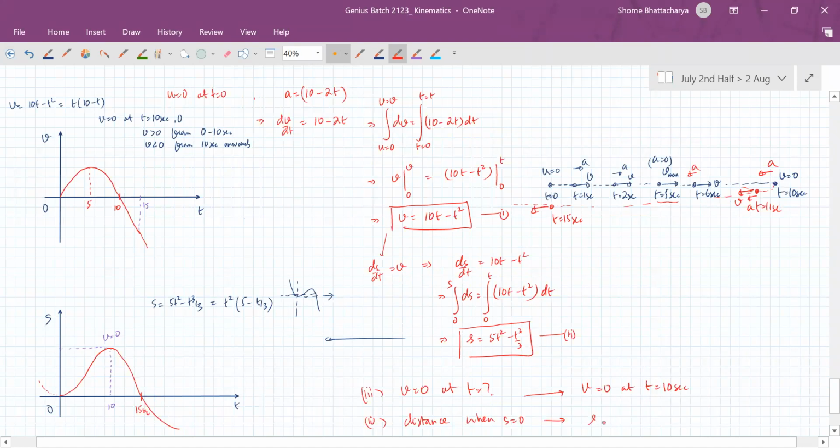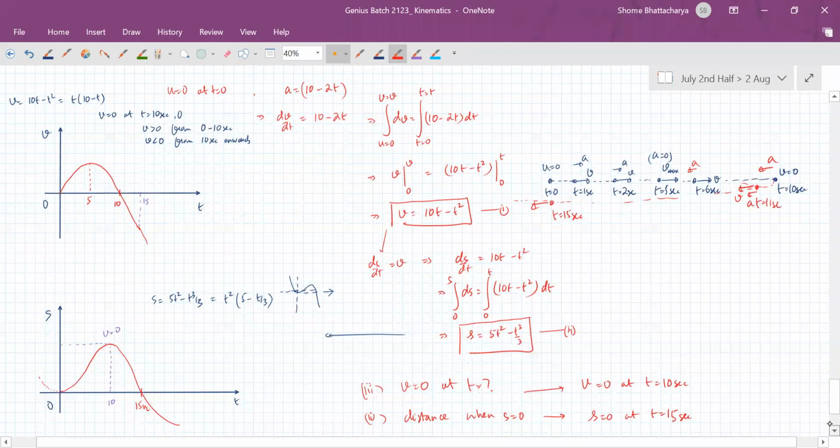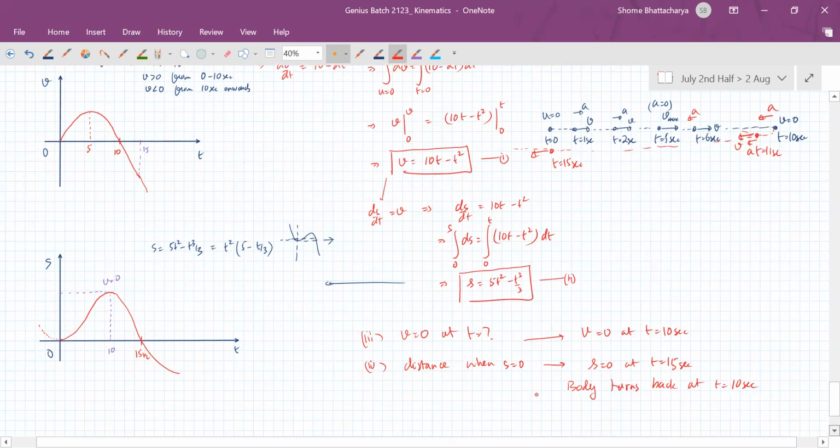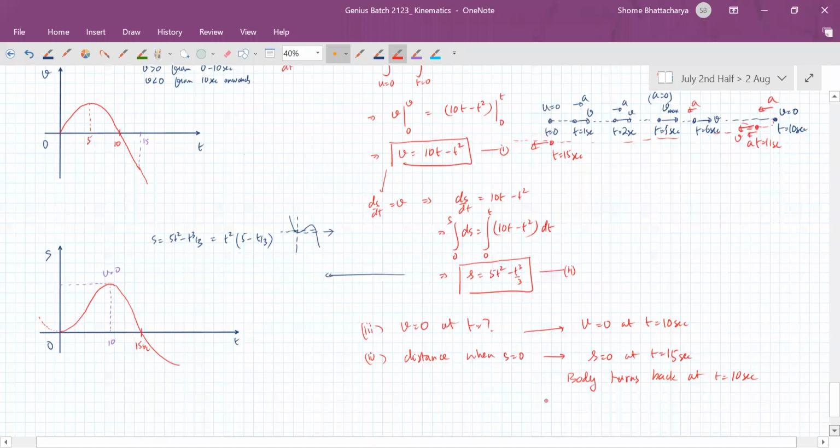So from this you can see that displacement is 0 at t equal to 15 seconds. And the body turns back at t equal to 10 seconds. So the total distance we'll have to calculate like this.